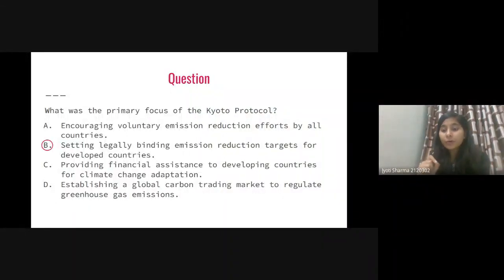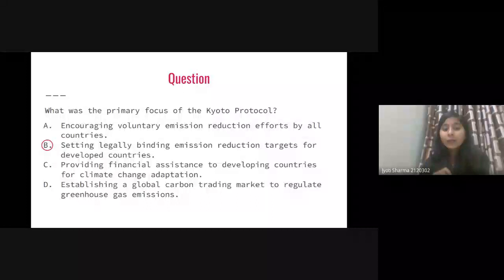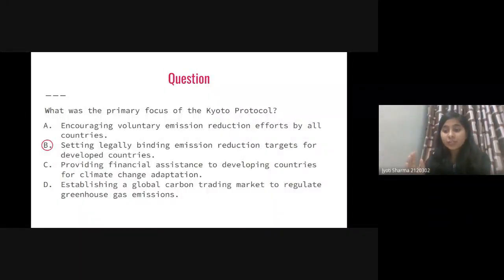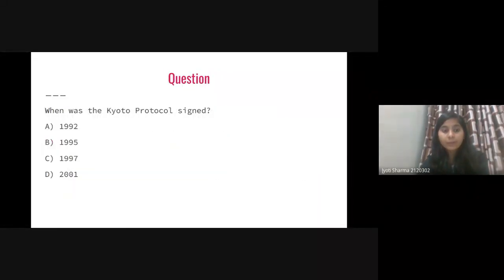So this Kyoto Protocol was related to, like, it was compulsory for the developed country to reduce the emission. Okay, and if they are not following it, then they have to compensate for it, they have to give the money. So this was the primary focus of the Kyoto Protocol.